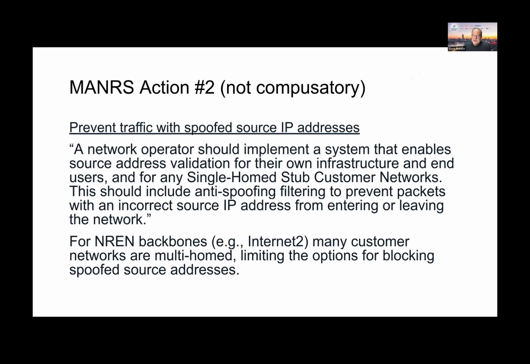So as an NREN backbone provider, you're limited in what you can do, but this is something you can communicate to your members, and help them understand why this is important, and help them understand the technical controls they have available to them to prevent this. And at the level of the stub network, like the university network, this is pretty straightforward to prevent. So next slide, please.